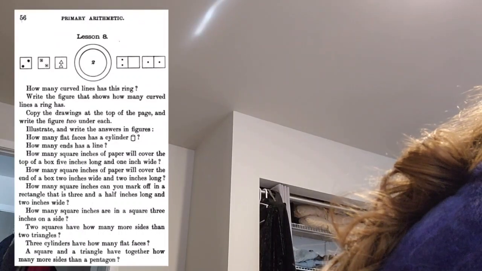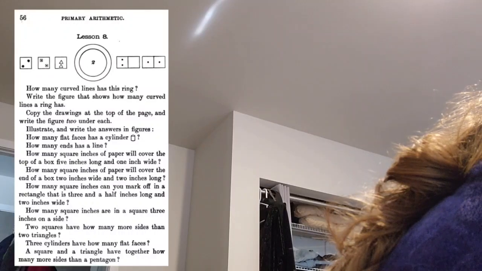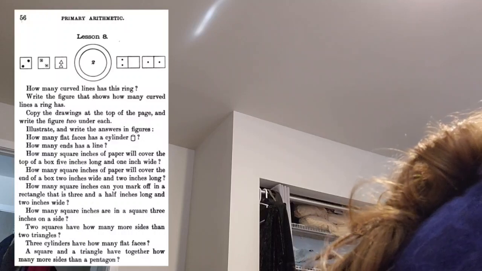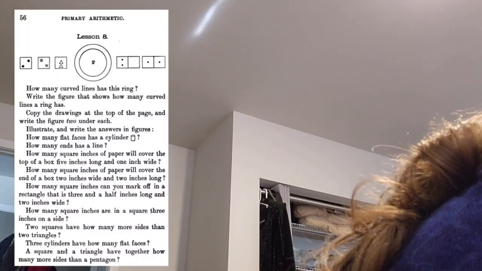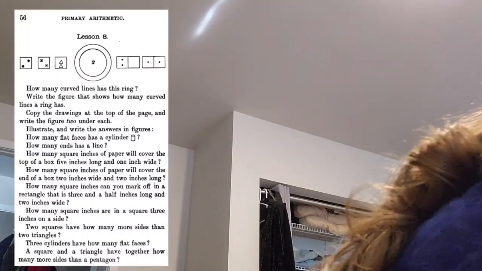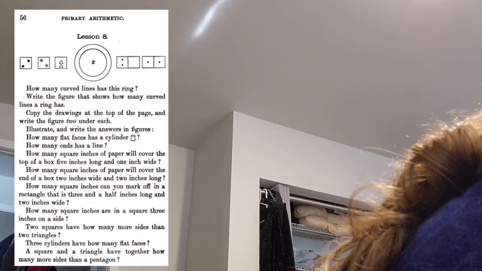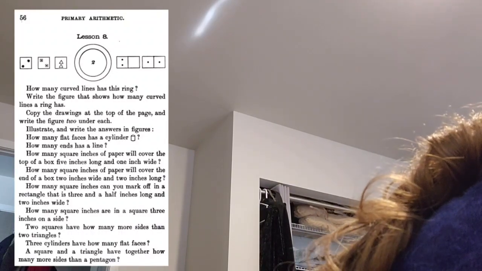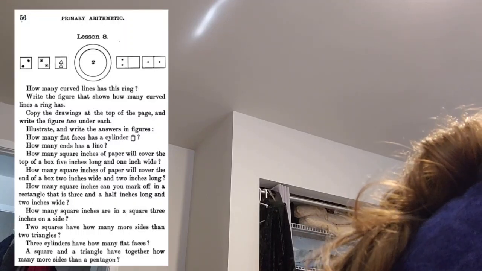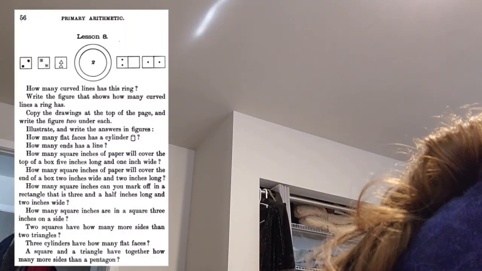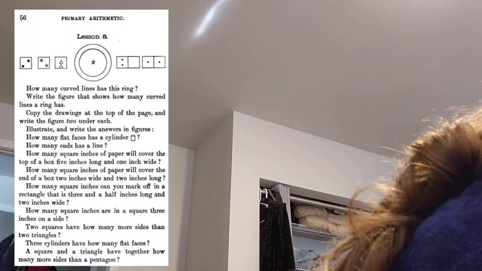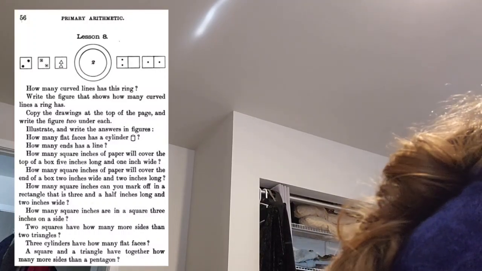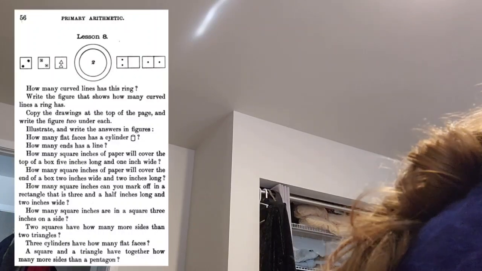Write the figure that shows how many curved lines a ring has. That would be 2. Copy the drawings at the top of the page and write the figure 2 under each. Okay, I can do that.